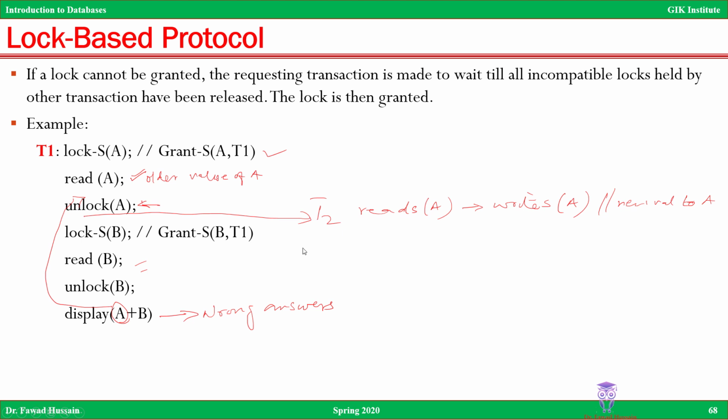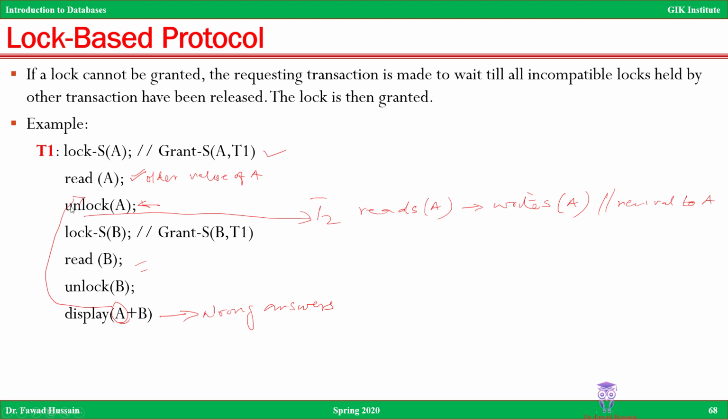So just to recall, we looked at the log-based protocol and we saw that even with the log-based protocol there is a possibility that if the first transaction were to have a shared lock on A, then read A and then unlock A, and maybe there's a second transaction that reads and writes A in between, and this transaction then goes on to have a shared lock on B and then read B and then unlock B. So even though when we are reading B we have a lock and an unlock, when we read A we had a lock and an unlock.